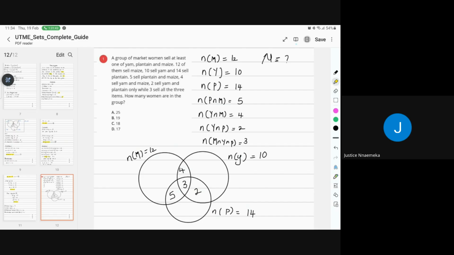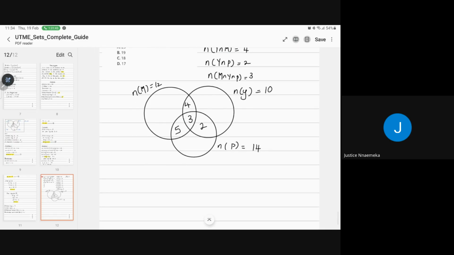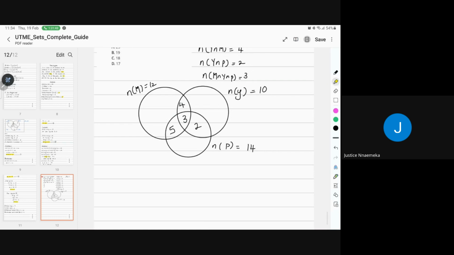Now, remember the variables you need: the number of people that sell maize only, yam only, and plantain only. Let these be X, Y, and Z. Why? To get the universal set.